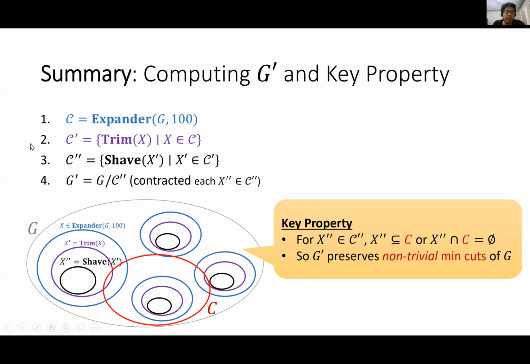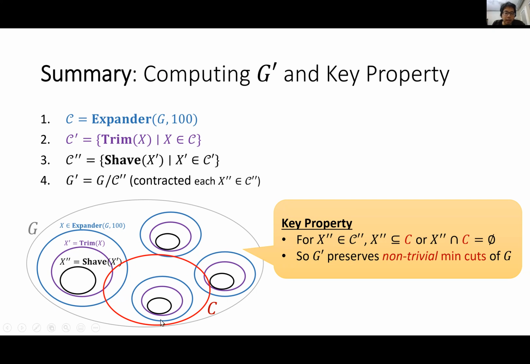So just to recall again, we first compute the expander decomposition. That's blue. We get a blue set. For each blue set, you trim and get a purple set. For each purple set, you shave and get a black set. And you contract the black set.